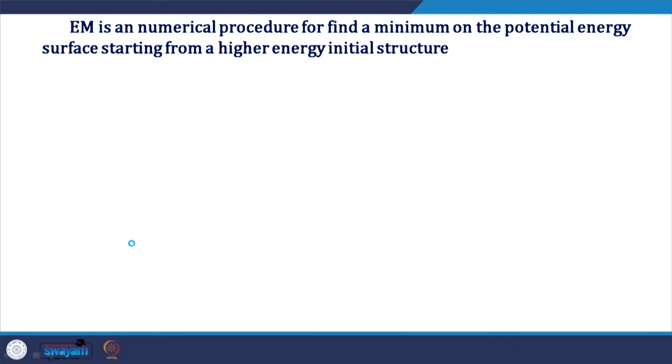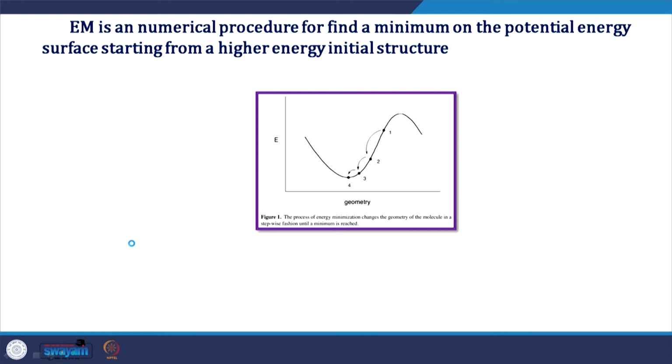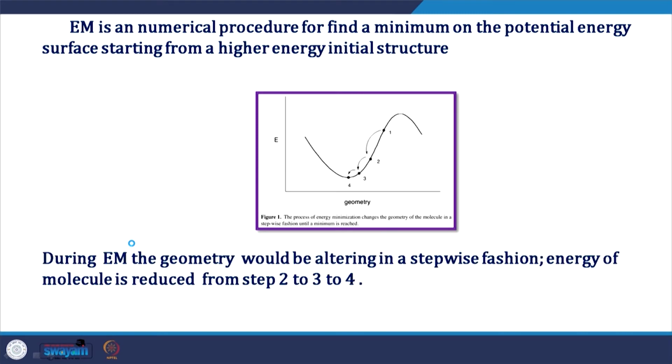Energy minimization is a numerical procedure for finding a minimum of the potential energy surface starting from a higher energy initial structure. If you look at this picture, during energy minimization the geometry is altered in a stepwise fashion.